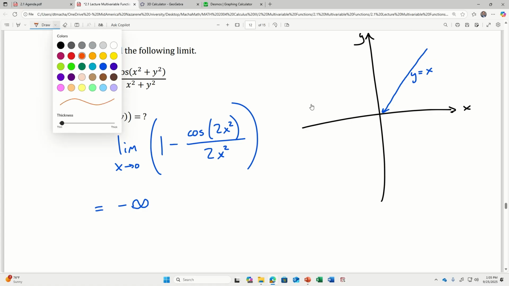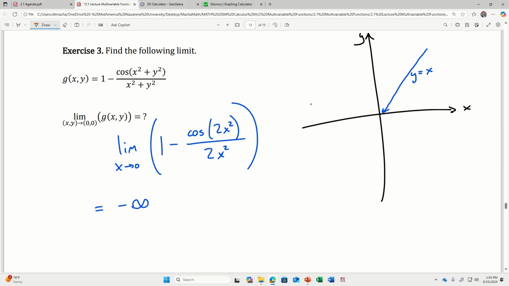Let's choose another direction and think about this one. What if I approach from this side using the line y equals 0? So my limit as x approaches 0 would be 1 minus cosine of x squared divided by x squared.